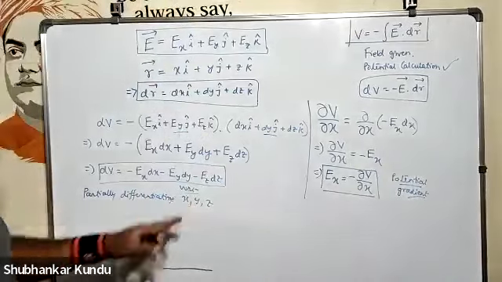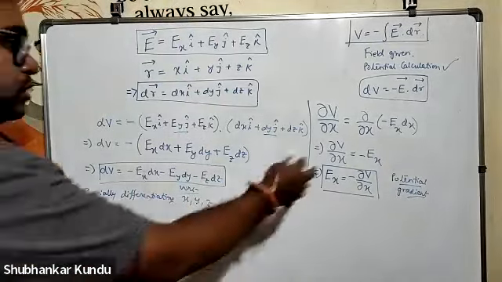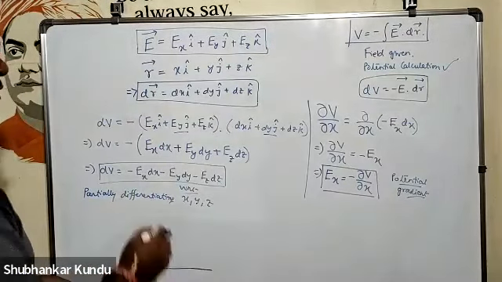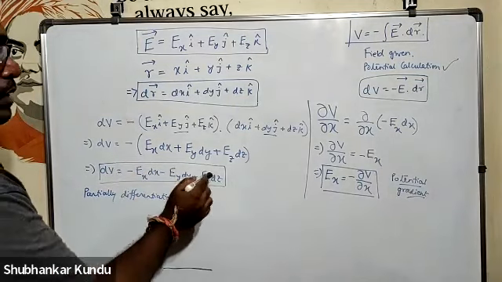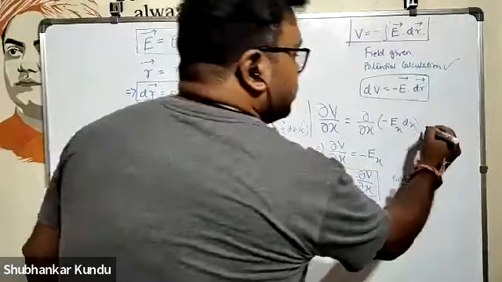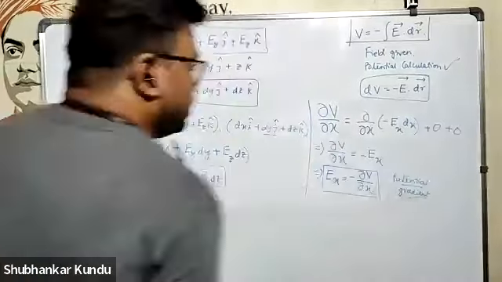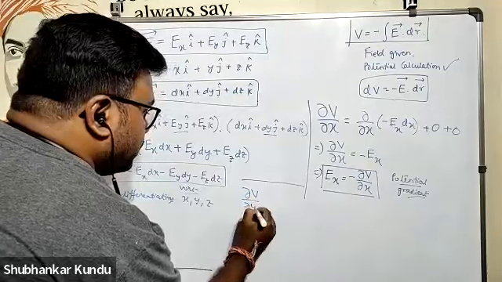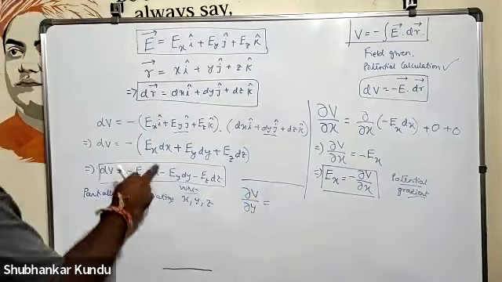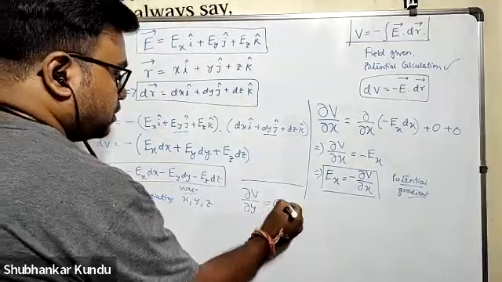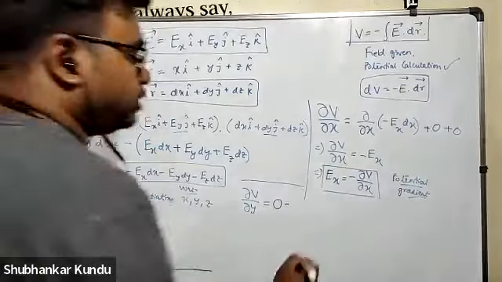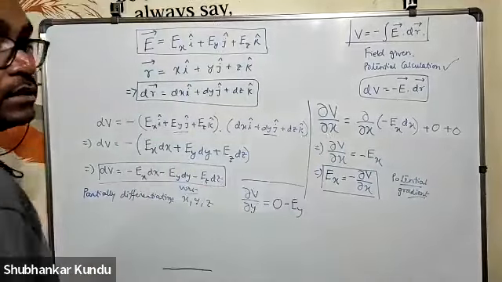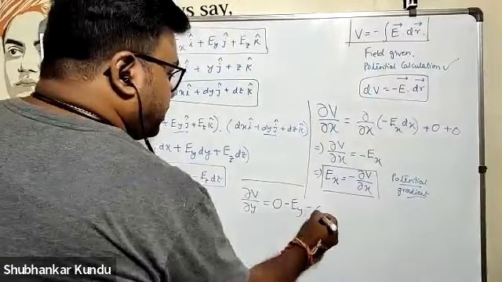Now I'll be partially differentiating this one with respect to y. So what will we have now? This will appear as a constant. Constant differentiation is 0 only. Now partially differentiating with respect to y, del V del y, this will behave like a constant, so we'll have 0. This will become minus Ey, since dy cancels. The same way, minus Ex dx became minus Ex. And this one also behaves like a constant, so 0.